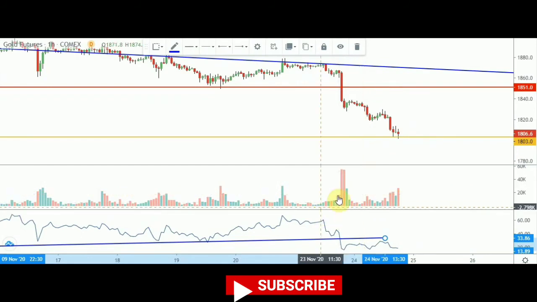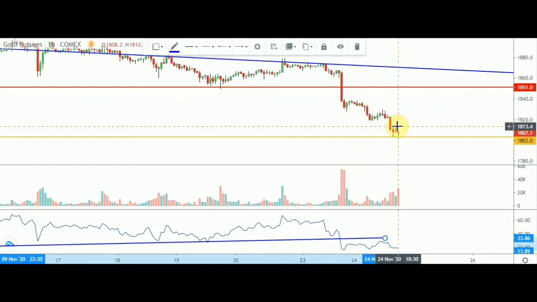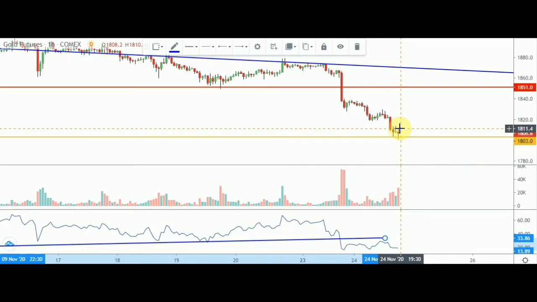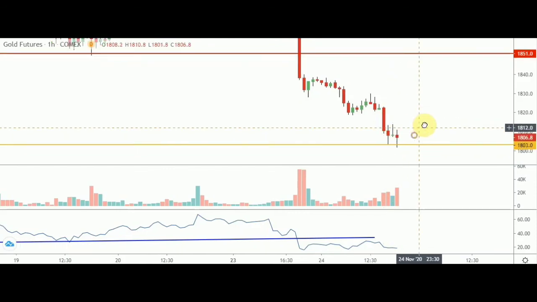Clear? Along with that, my code or my tool also gave the signal around this candle. So I was short from this particular level, that is 1838, and I squared off my position around 1810. It was a good trade until and unless 1800 gets broken.